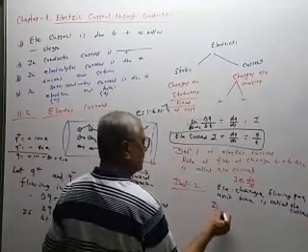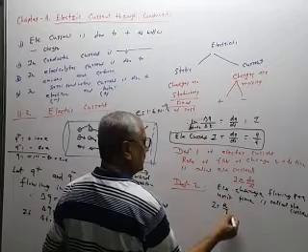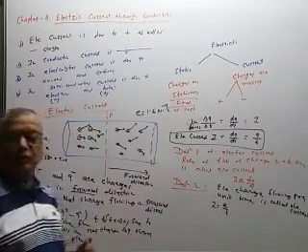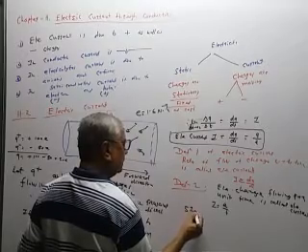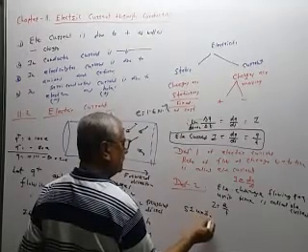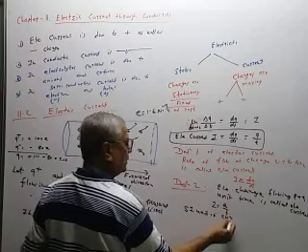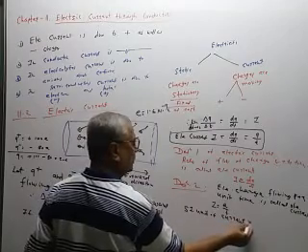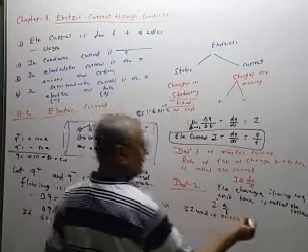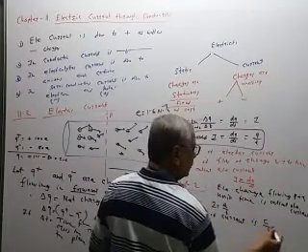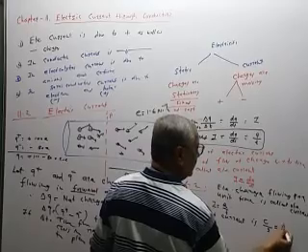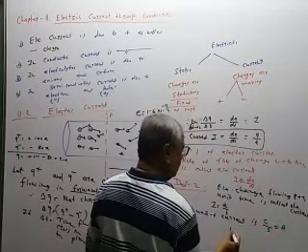So current I is equal to Q by T. Small q, capital Q, you can use any symbol. Therefore, SI unit of current is, now we know that in SI system the charge is measured in coulomb and time is in second, coulomb per second, or it is called as A for ampere.